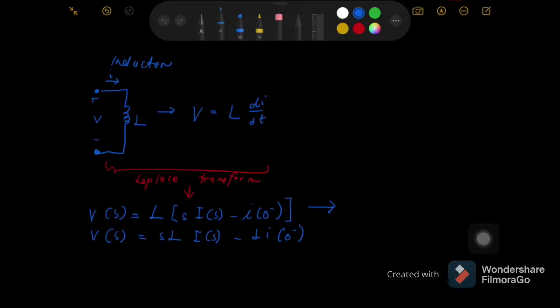Then again, we have to transform the circuit into a Laplace transform circuit, and here we get the circuit as shown.